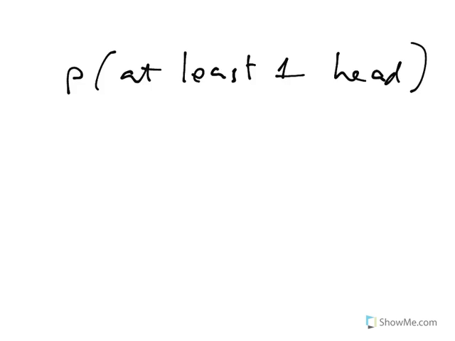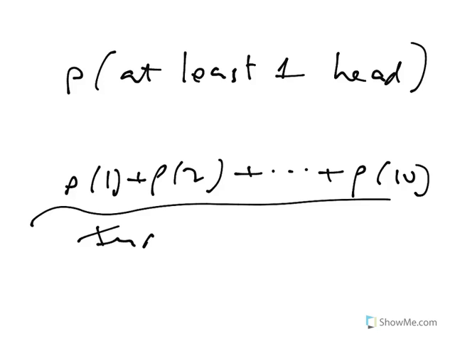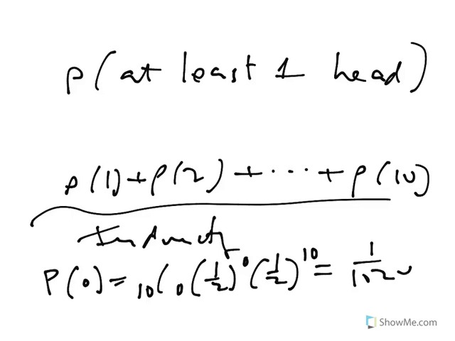And one other thing to mention, what's the probability of at least 1 head? So we could do probability of 1 plus probability of 2 all the way up to probability 10, but that would be a lot of adding. So the sneaky trick is to do it indirectly. The probability of getting 0 is 10C0, 1/2 to the 0, 1/2 to the 10th, which is 1 over 1024.